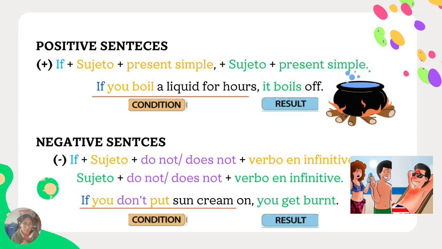Remember, do is used for the pronouns I, we, you, they, and does is used for he, she, it. And continue with the verb in infinitive, plus subject plus negative plus verb in infinitive. An example: if you don't put sun cream on, you get burned.